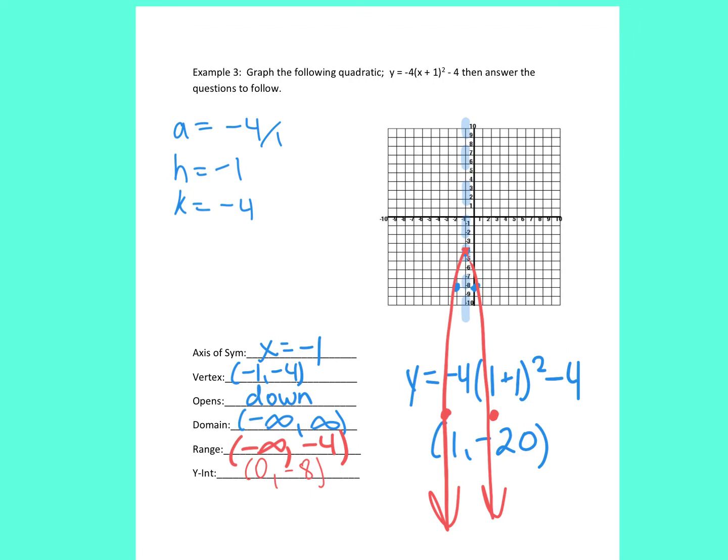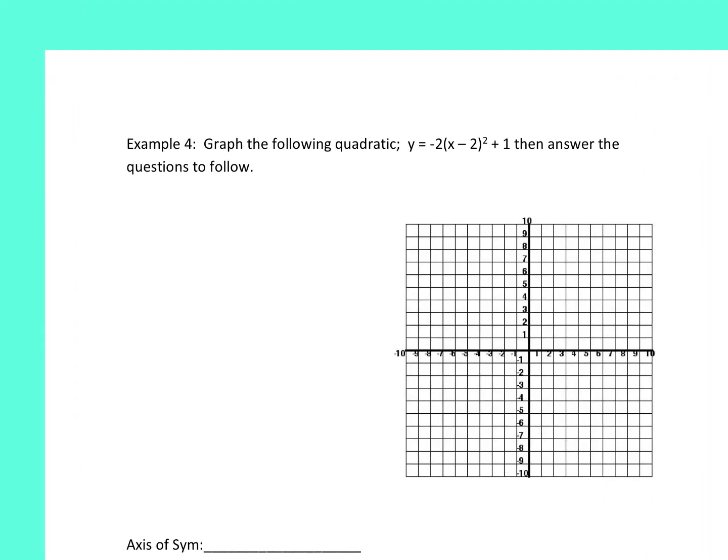Okay. Next one, same thing. Give you a couple minutes. First things first, I need to find what? A and K. Ooh, Nick. You got it. What's A? Negative 2. H? Positive 2.